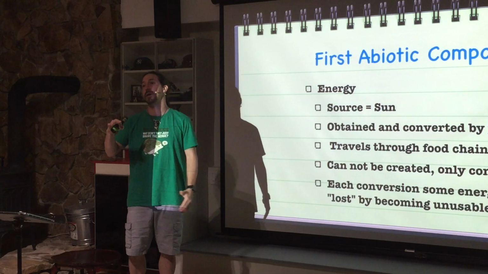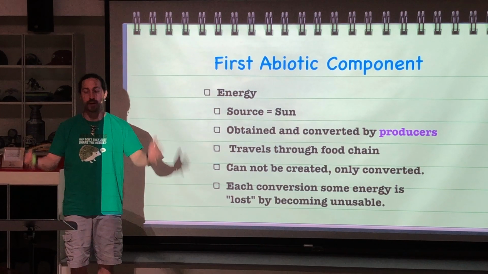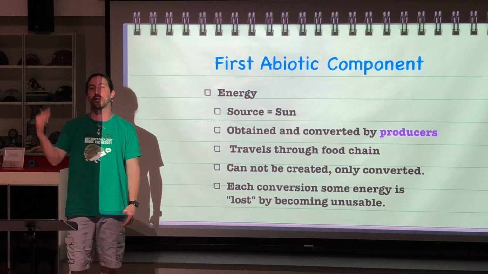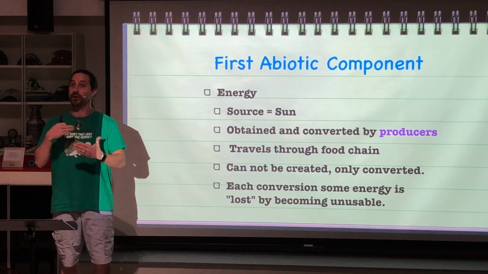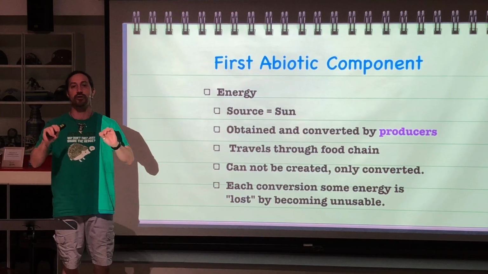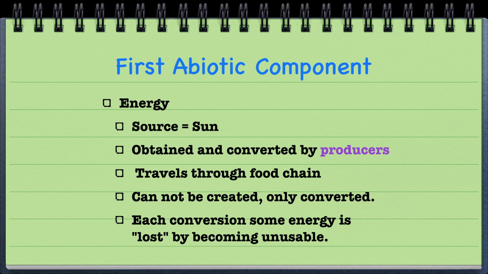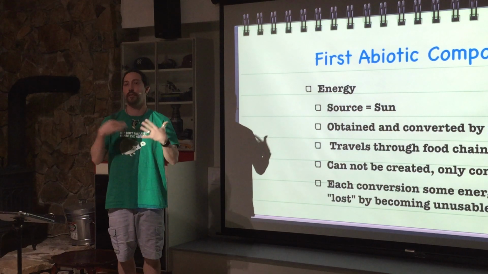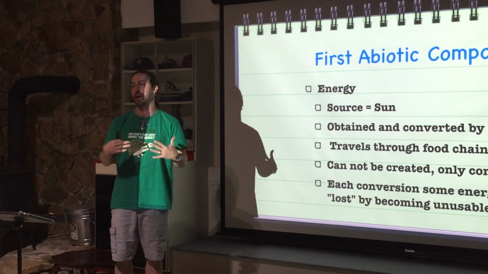And just to be sure, we need to remember energy cannot be created or destroyed. So the energy that we are getting from the sun, that's not made here, nor is it made by the sun. The sun is just releasing that energy and then it gets converted. And in that conversion, some energy is going to be lost as an unusable form of energy, or an energy type that is not needed or necessary for that organism.